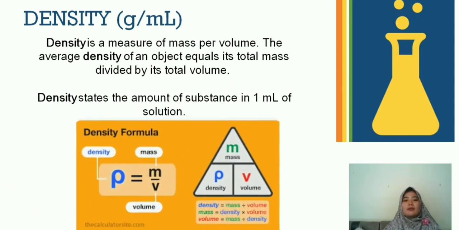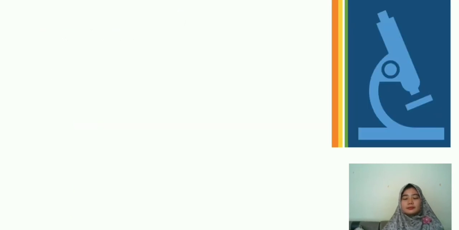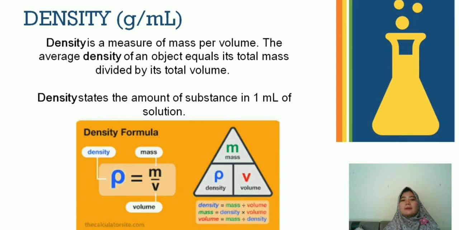That is the formula of density: density is mass per volume, where the mass unit is grams and the volume unit is milliliters.